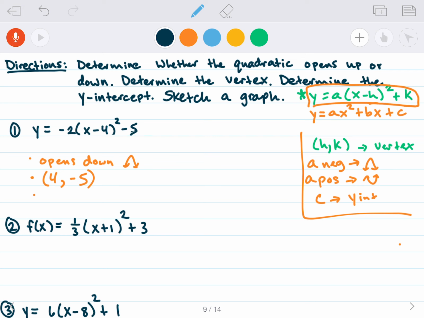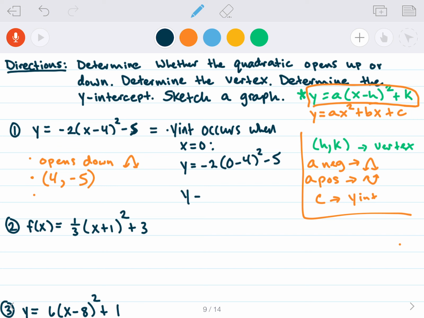We have to actually get it in standard form first in order to figure out what the y-intercept is. Another trick that we could use: the y-intercept by definition happens when x is 0. So if I plug in 0 for x, I'm going to get out a y value. Let's try it that way first. So the y-intercept occurs when x equals 0. So what we have here is y equals -2 times (0 minus 4) squared minus 5.